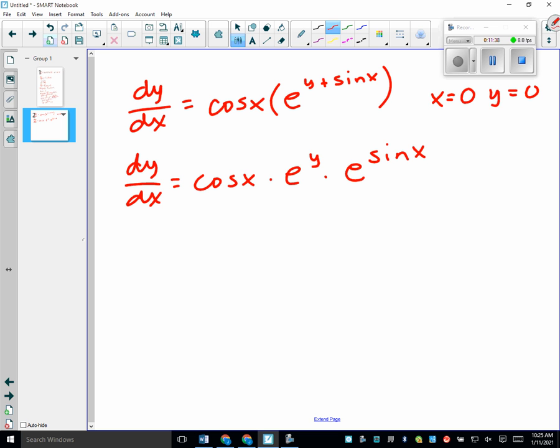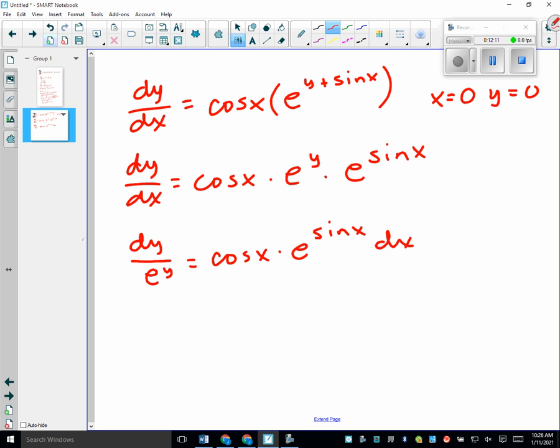Right? Now I can separate it, can't I? Yeah. So dy over e to the y equals cosine of x times e to the sine x dx.